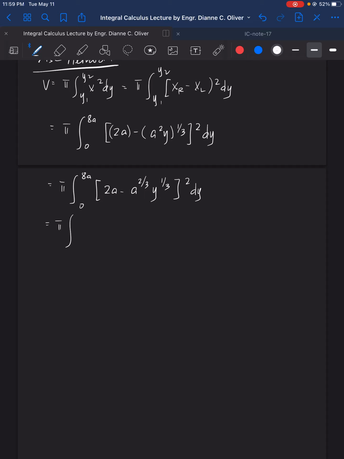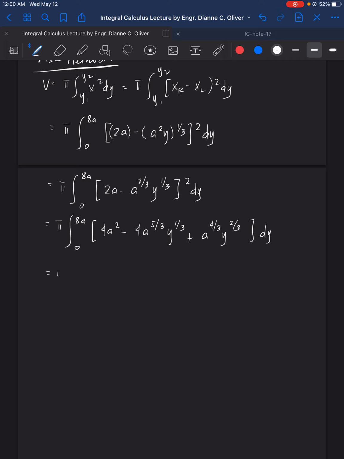Therefore, we expand this. So if we expand this, we will have here 4a squared minus 4 a raised to 5/3 then y raised to 1/3 plus a raised to 4/3, then y raised to 2/3 dy, and 0 to 8a.